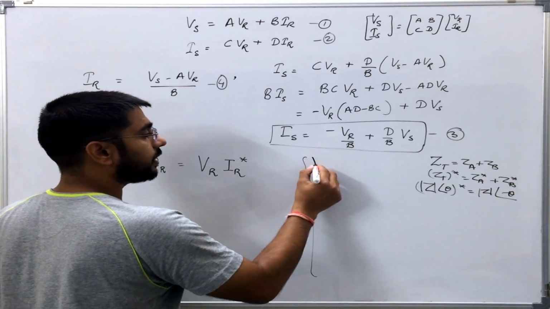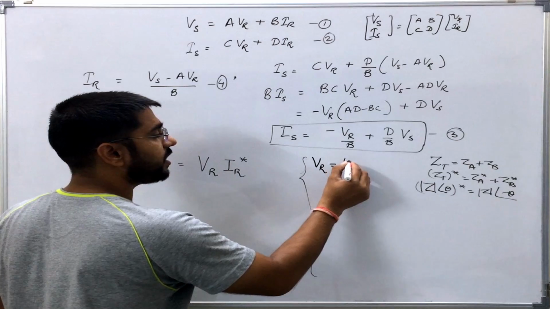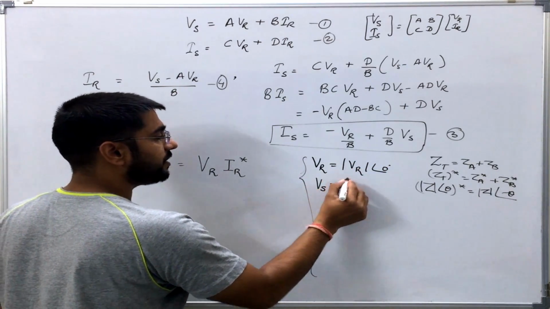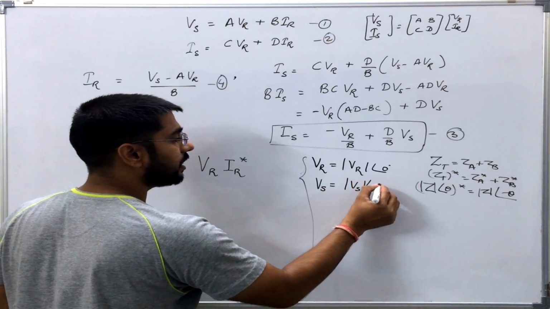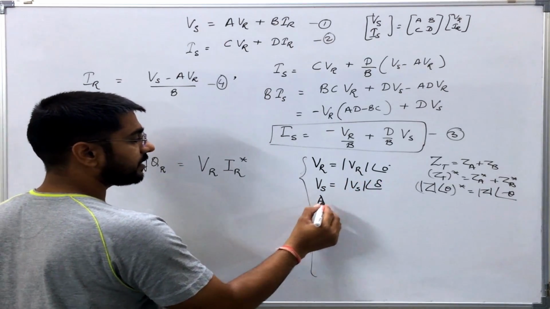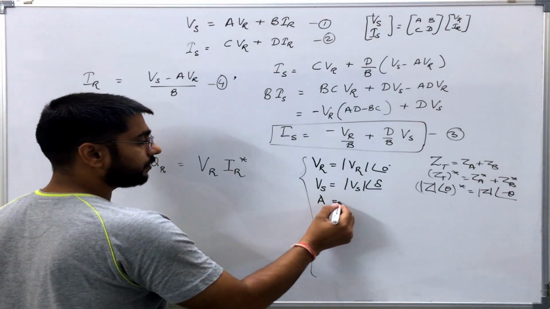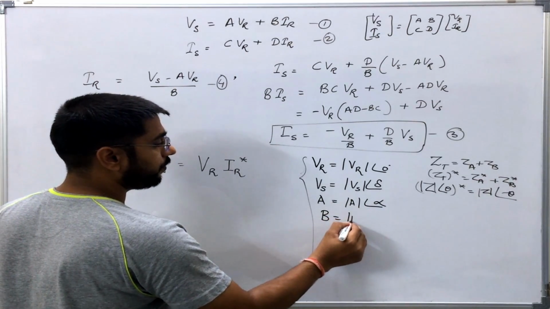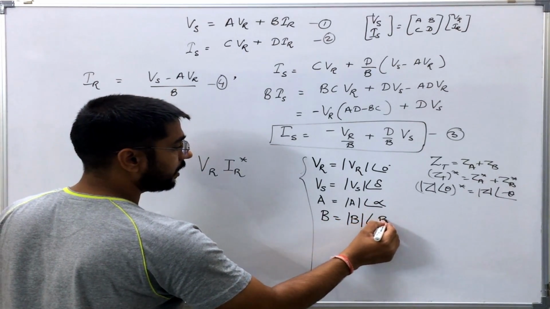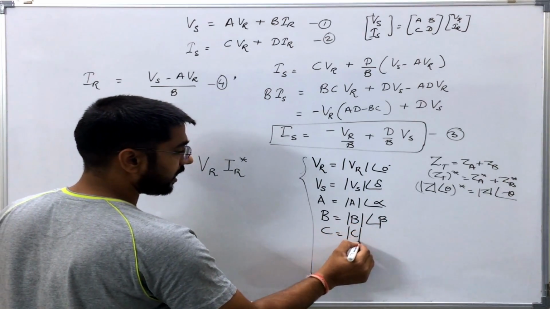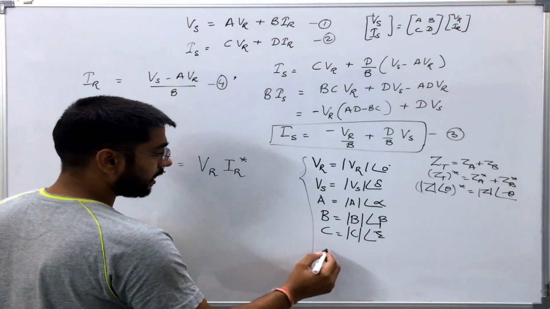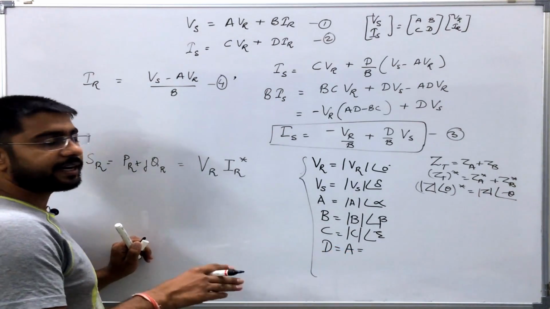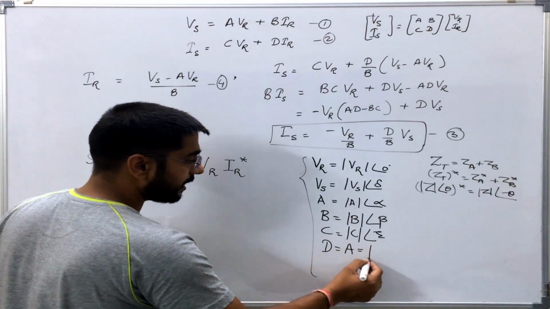First, I will take the reference phasor as the receiving end voltage, and the sending end voltage will be simply Vs angle delta. And these A, B, C, D are complex parameters with values A angle alpha, B equal to B angle beta, C equals C angle zeta, and D is usually equal to A for a transmission line, that is, for any symmetrical passive two-port network.